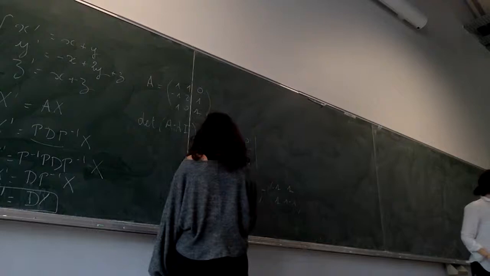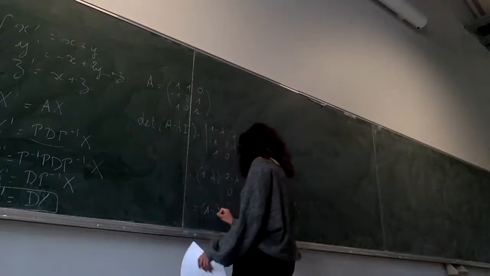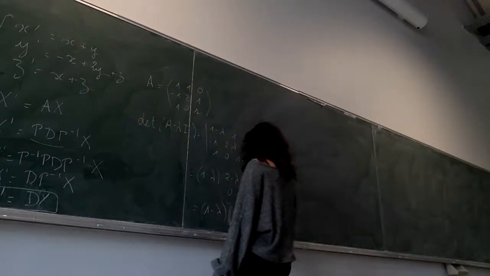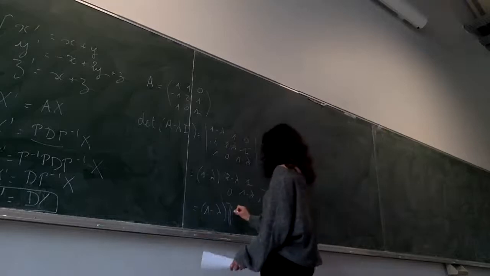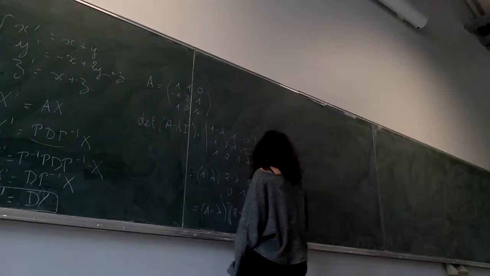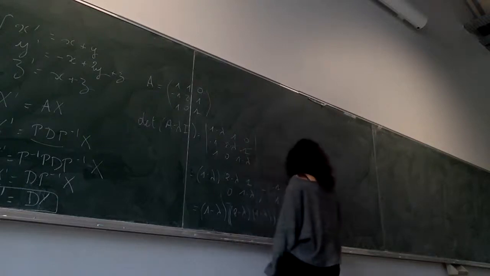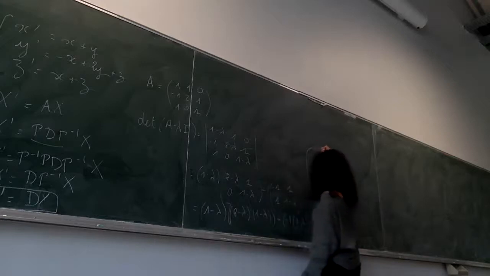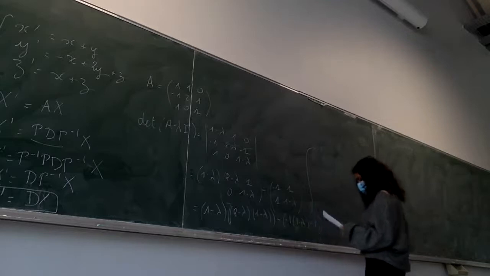So you know how to calculate the 3 by 3 determinant. We choose the row or the column that has the most zeros, so for instance the first row. So you get plus lambda, 1 minus lambda, minus 1 times the other determinant. If you know how to proceed with cells, go with cells, you do it very well. It's fine.